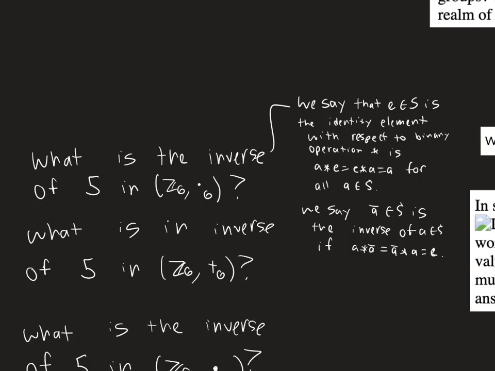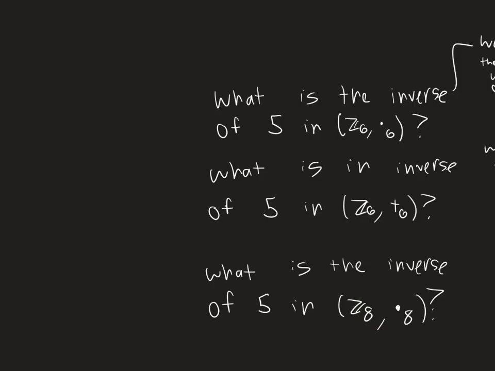And the identity in this situation is 1, since 1 times a equals a, special multiplication times 1 equals a for all a in Z6.